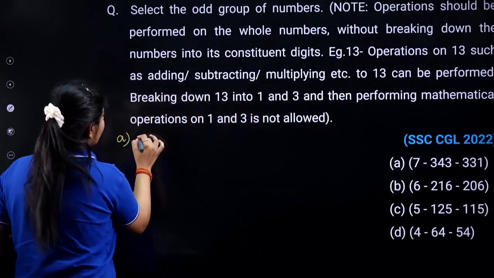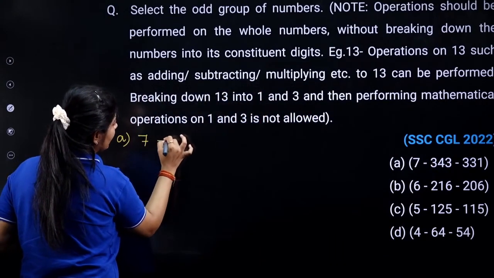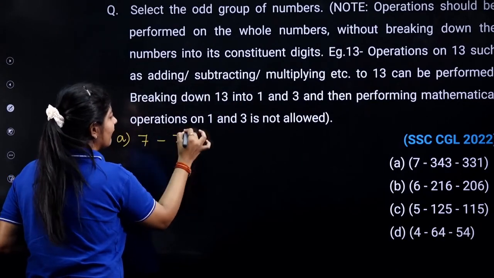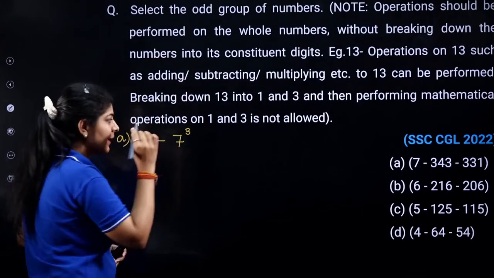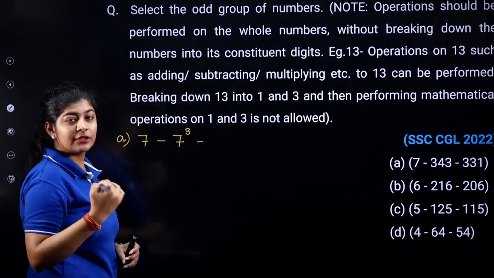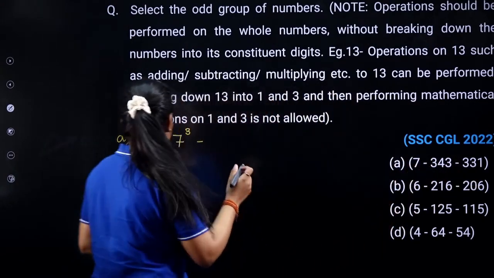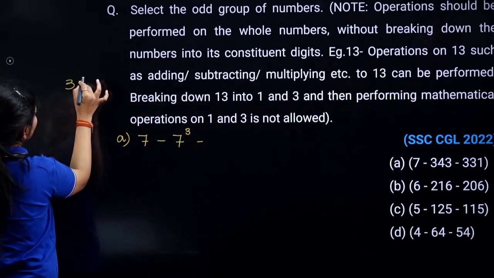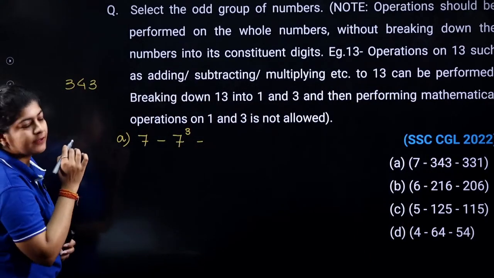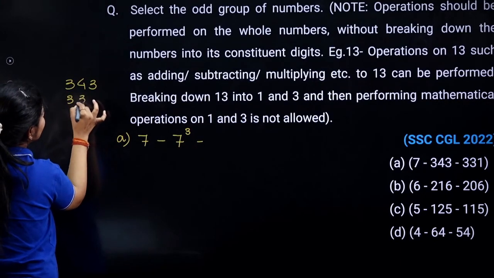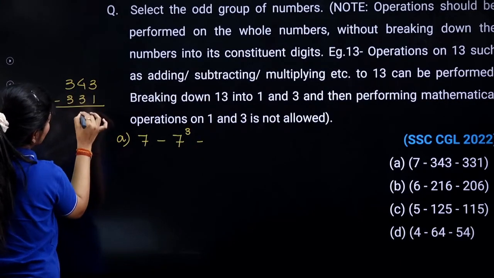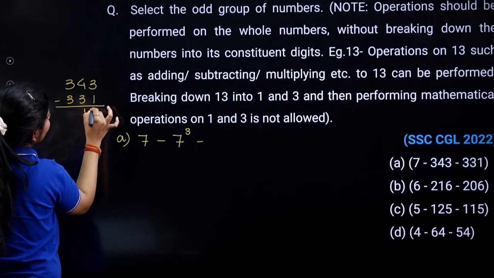So here we are having 7, then the cube of that, and then the third number. What is the difference over here? We have 343 and the other number is 331. What is the difference that we are getting? We are getting 12.